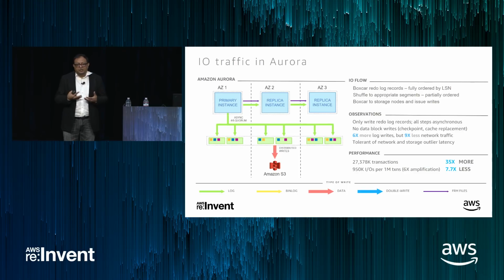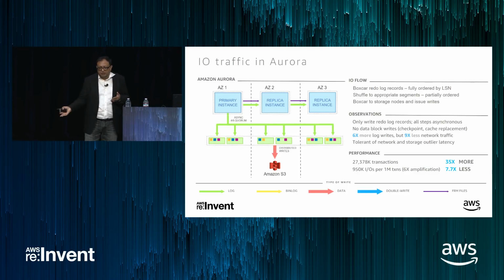There's a negative correlation in Aurora. If you're really hitting the cache hard, you can just throw blocks away because they're getting instantiated in the storage node. So in this case, even though there's 6 times more log writes, there's 9 times less network traffic. And since it's all asynchronous, it's very tolerant, and it's quorumed. It's tolerant of network and storage outliers.